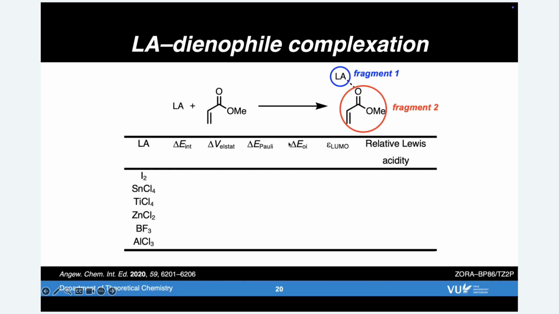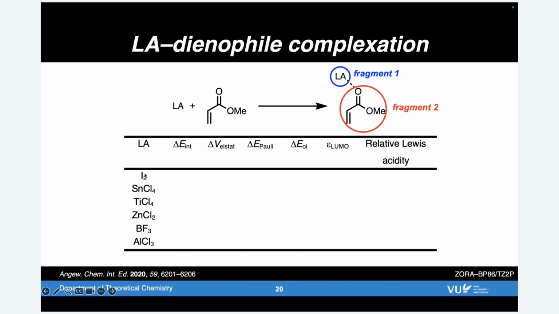So the first thing we wanted to study was just the basic interaction between a Lewis acid and our dienophile. And so the activation strain and the EDA method is a fragment-based approach. And in this case, it's very clear what our fragmentation is. The Lewis acid is one fragment, and then our substrate is the other fragment.